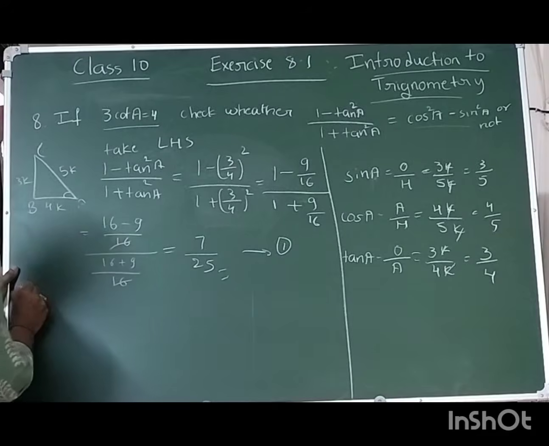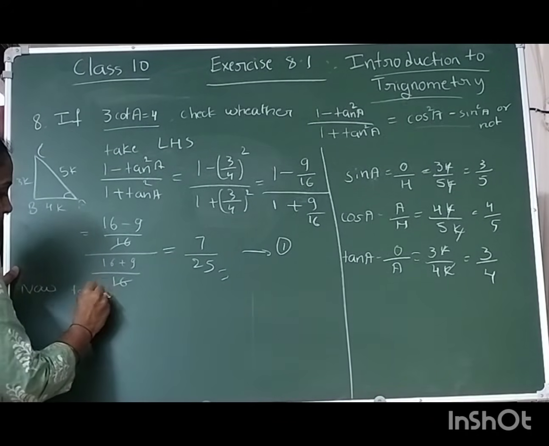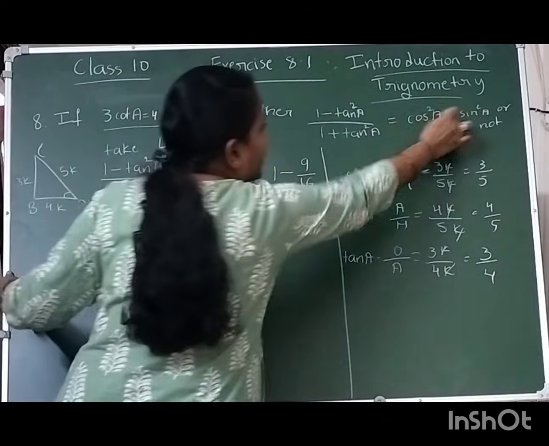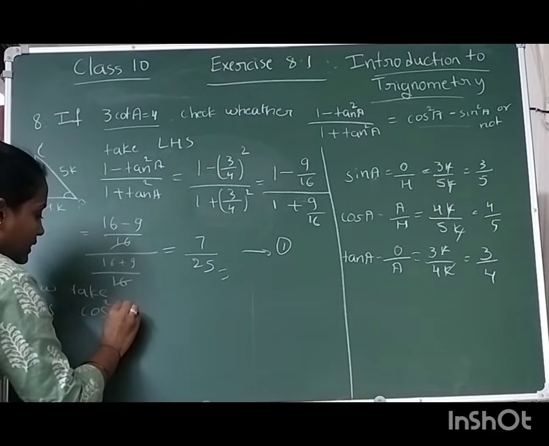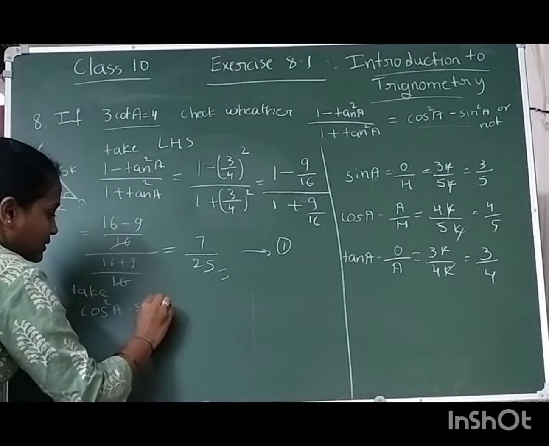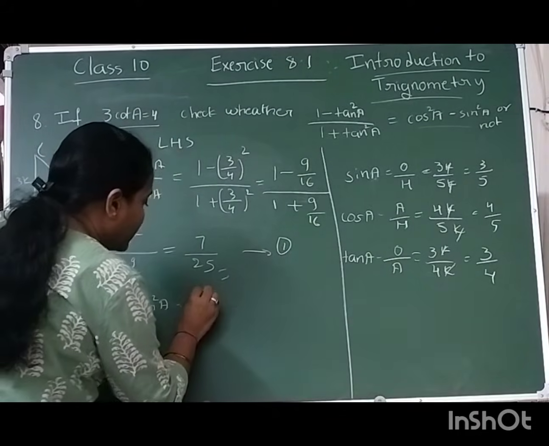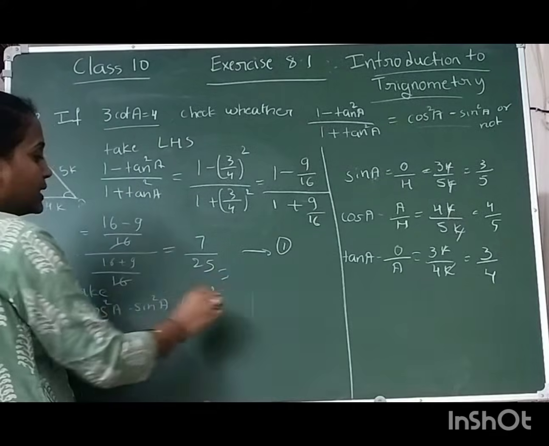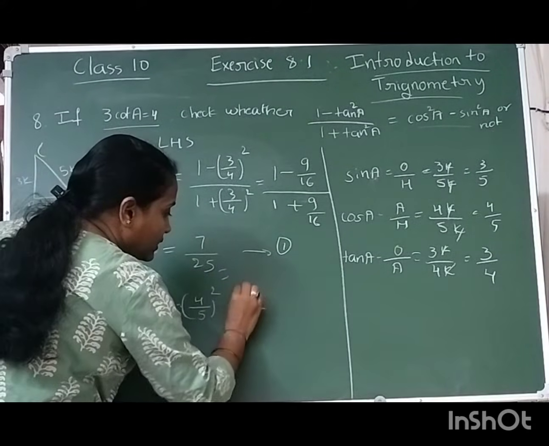Now take the RHS. That is cos square A minus sin square A. Cos A is 4 by 5, so cos square A is 4 by 5 whole square, and sin A is 3 by 5, so that is 3 by 5 whole square.